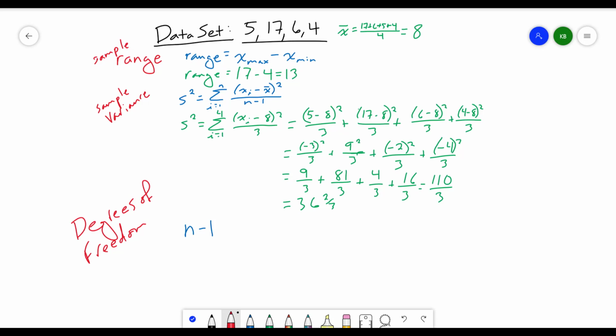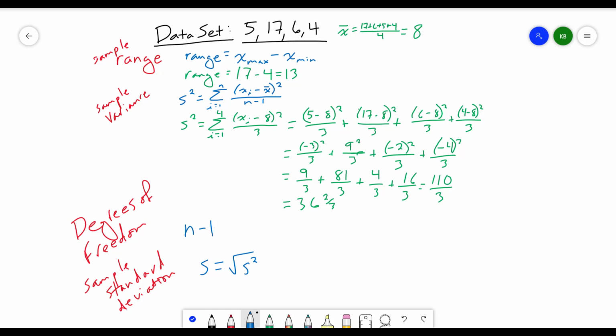All right. One of the things we hear even more than the sample variance is the sample standard deviation. The sample standard deviation is written as s, and s is just the square root of s squared.